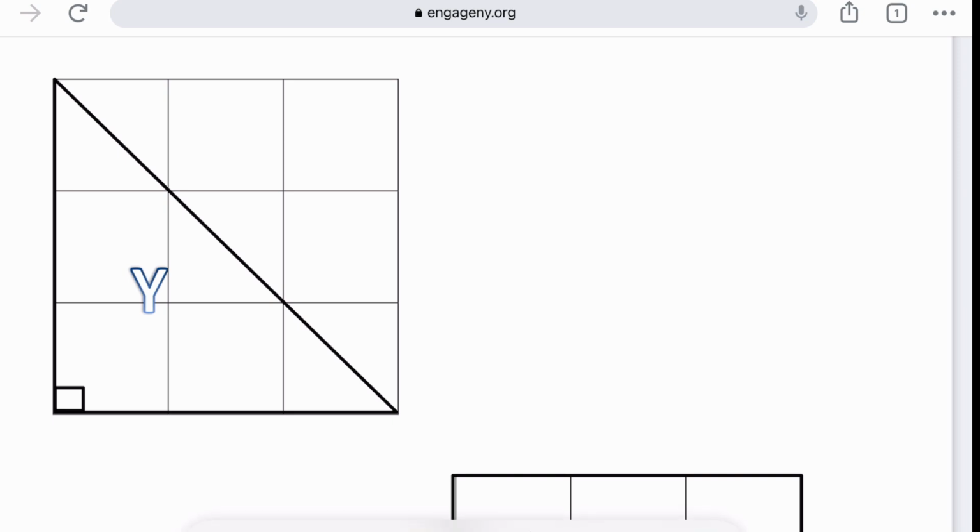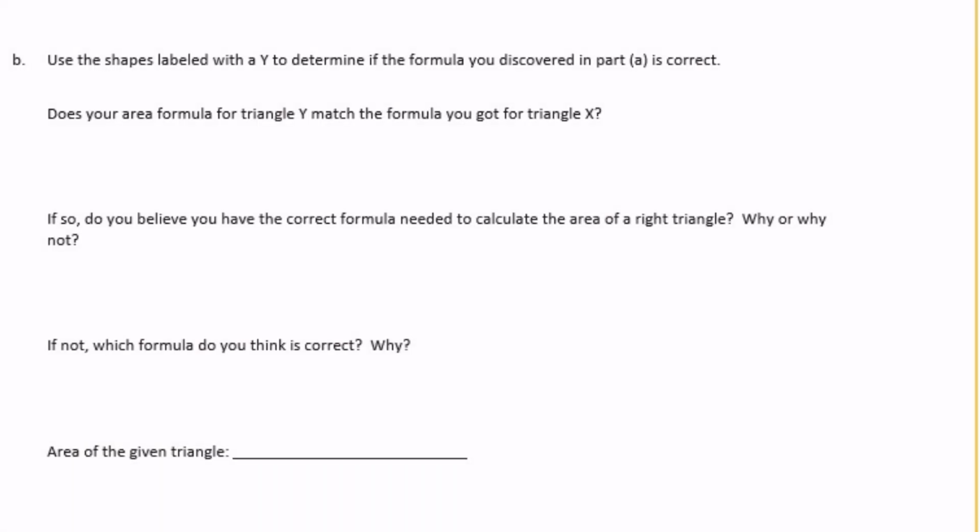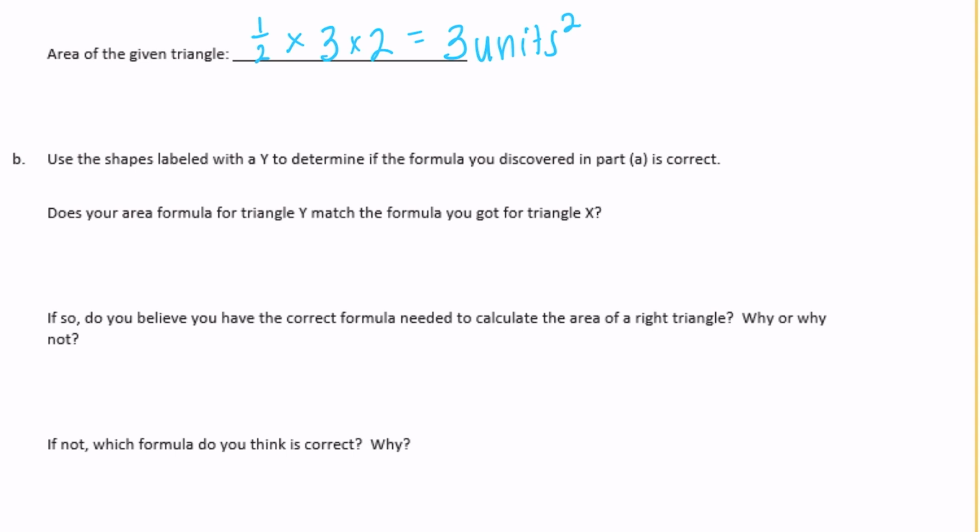So I'm just going to go back to here and draw a square. Okay, so let's say that's a square. We cut it in half. So we could find the area of the square, which would be the base times the height.